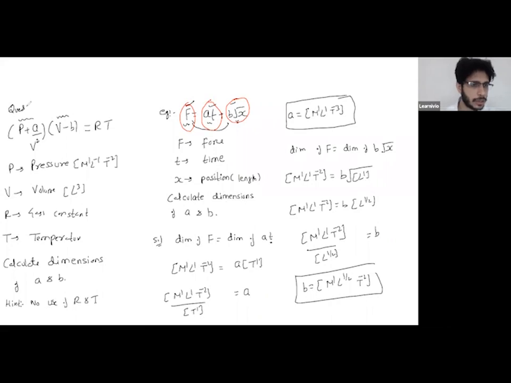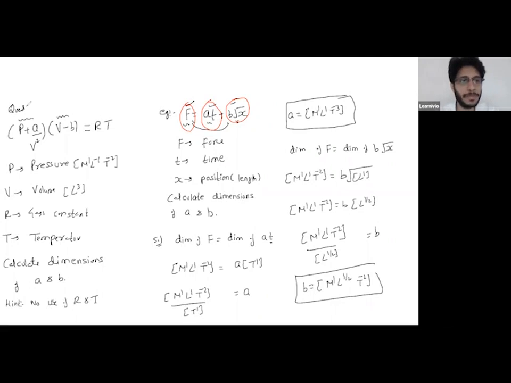Yes, Fazil, you are correct. Fazil, just check your calculation of dimensions of A. You're making mistakes in A. B is correct, but A is wrong. Yes, Abdullah is correct. Fazil, just check your calculations.